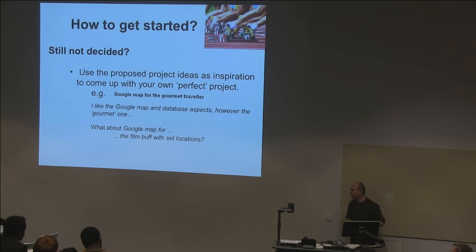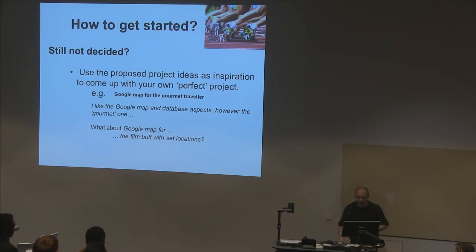Technically, it's very similar to the other one, but maybe that's something which is going to excite you a bit more. So why not offer that project? You have this starting point, these 59, but you can build on that and create the project you are really interested in.